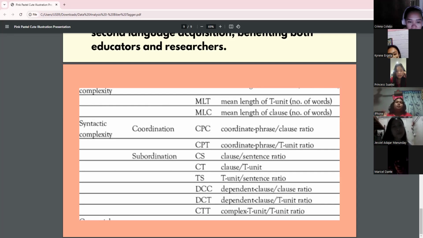It gives speed and efficiency, especially when we're doing our research and we don't have that much time. It takes a lot of time, but by using these tools, it helps us. It saves us time, and also gives accuracy for the words and the topic. So I guess that's all from me.